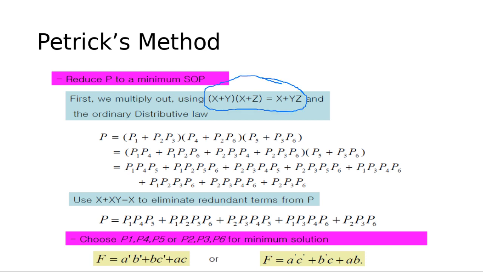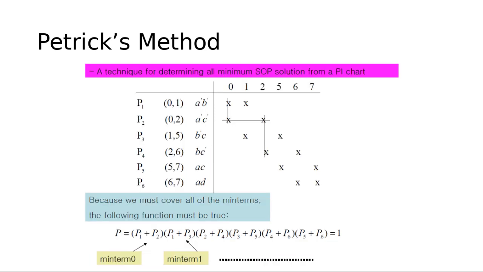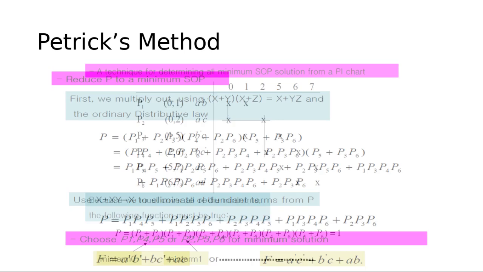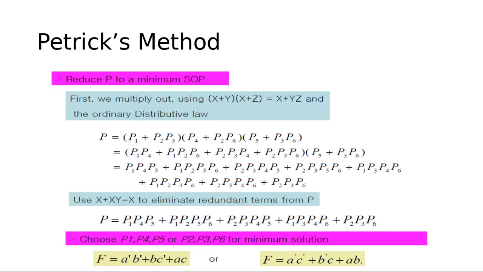We can use this law, for example, for this. It means X, Y, X, Z. You can say that it means this P1, X and YZ, P2, 3, right? You can simplify the expression using this law.